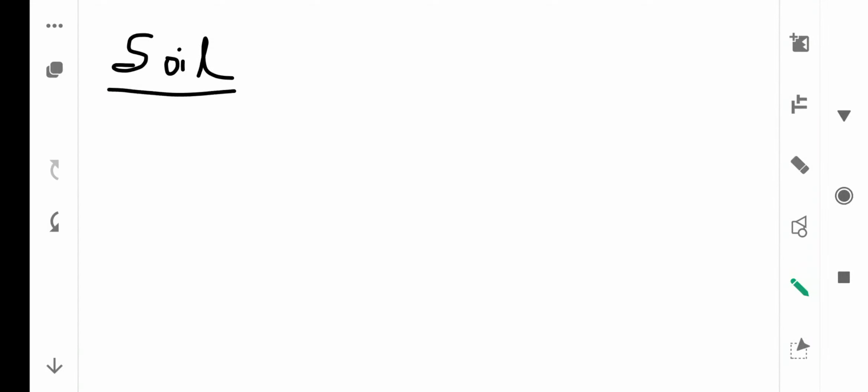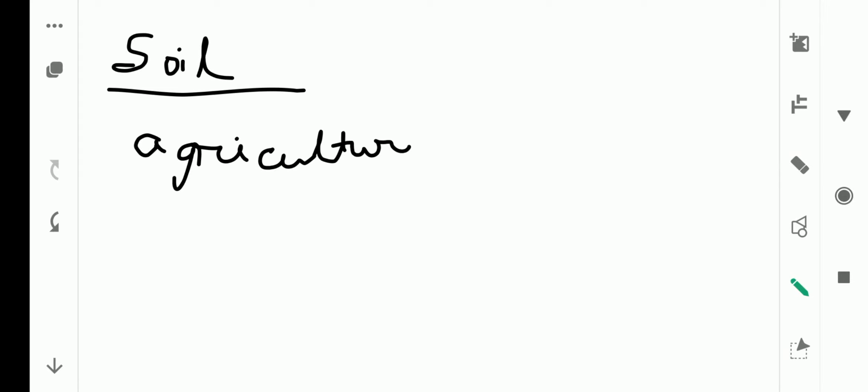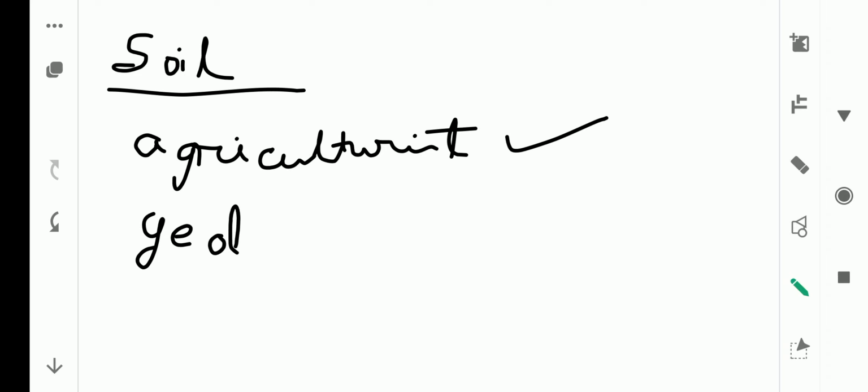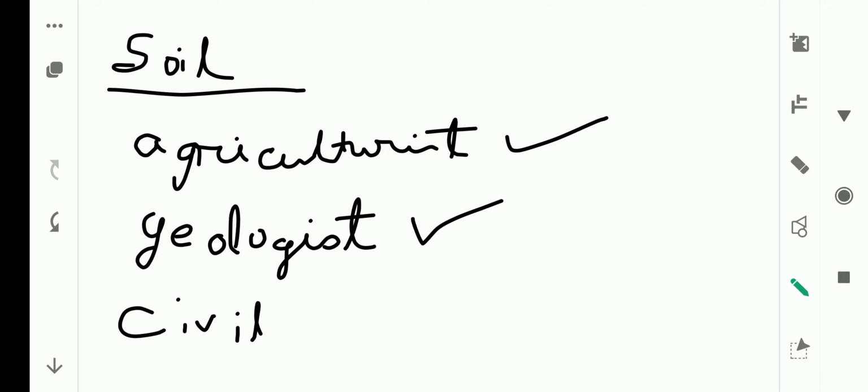For example, for an agriculturist, the definition of soil will be different, right? For a geologist, the definition of soil will be different. But for us, civil engineers, the definition of soil may be different, right?